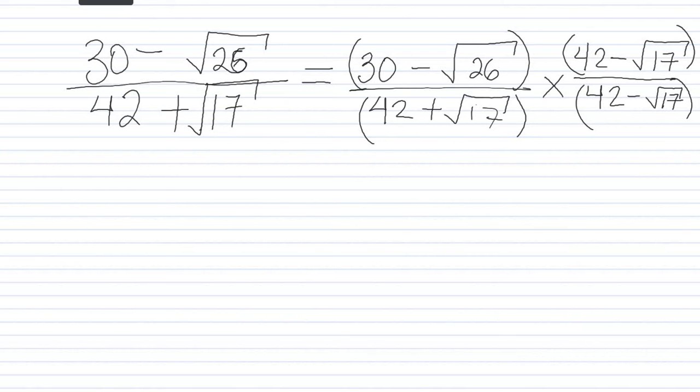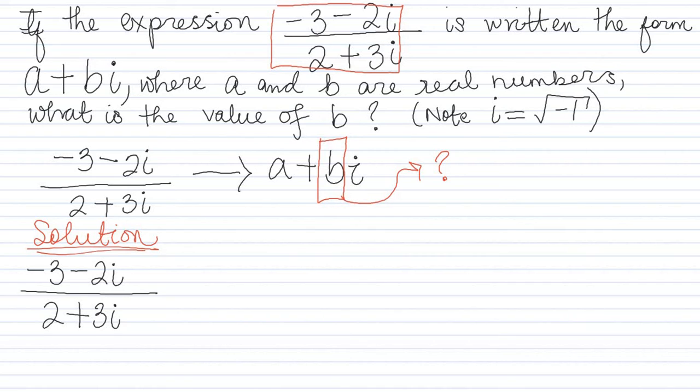But we're going to do the exact same thing to this question. You don't only do that with radicals, you do that whenever you have a complex number or an imaginary number on the denominator of a question like this. So we're going to multiply the top and the bottom by the conjugate of the denominator.